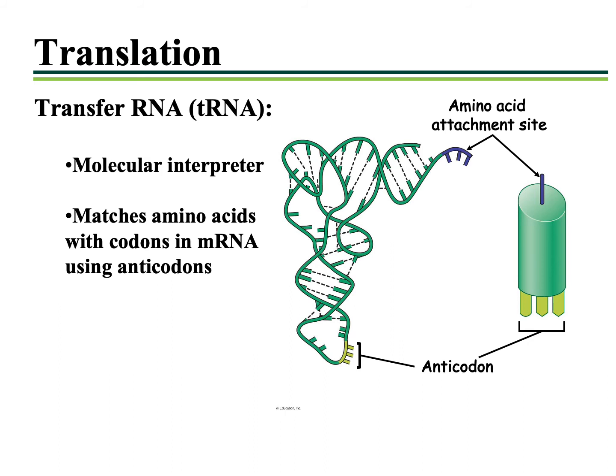At the opposite end of the tRNA molecule, you see what's referred to as the amino acid attachment site. This is specifically where amino acids are covalently linked to the tRNA, because the transfer RNA molecule is going to bring those amino acids to the ribosome to allow for protein synthesis to occur.